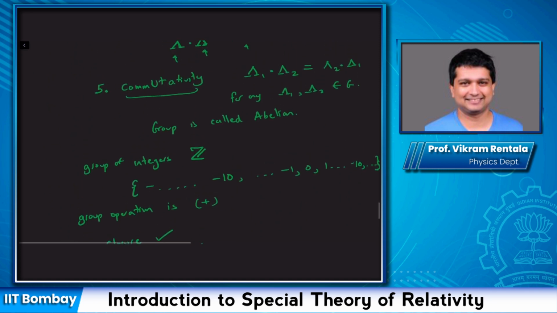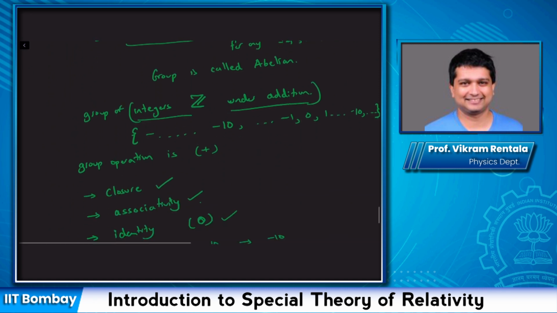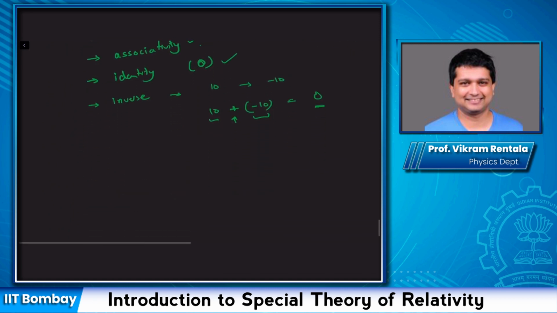So therefore the set of integers under addition forms a group. Really the way to say it is integers under addition forms a group. However, if I take integers under multiplication, you would see that that would not form a group.